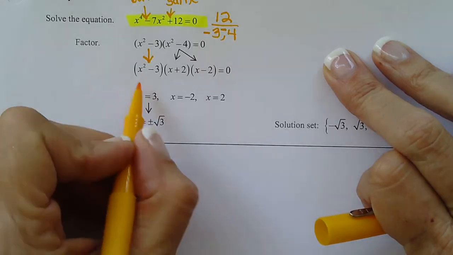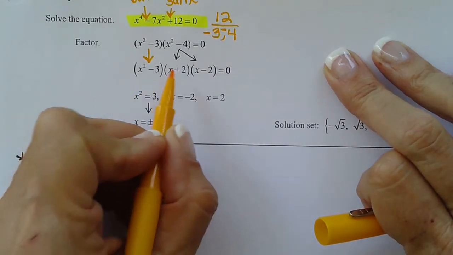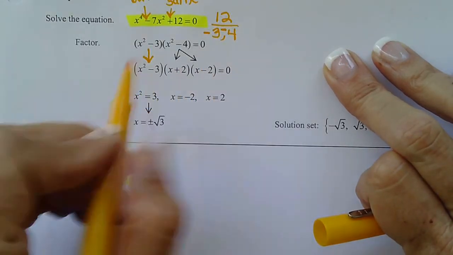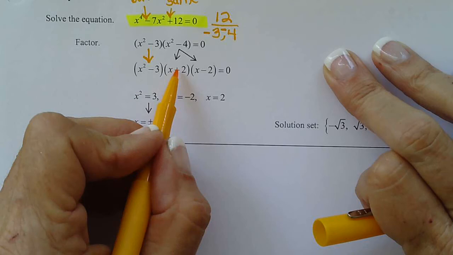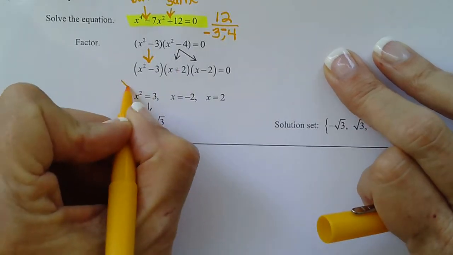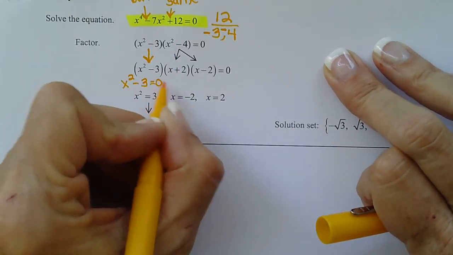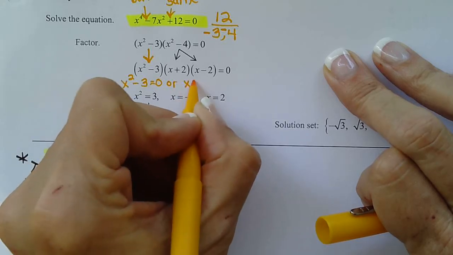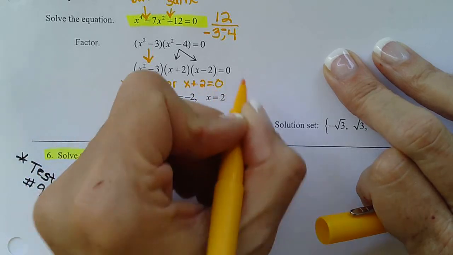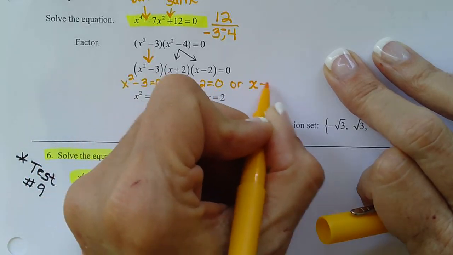And then we use a 0 factor property. If a times b times c equals 0, either a is 0 or, let's write this down, x squared minus 3 equals 0, or x plus 2 equals 0, or x minus 2 equals 0.